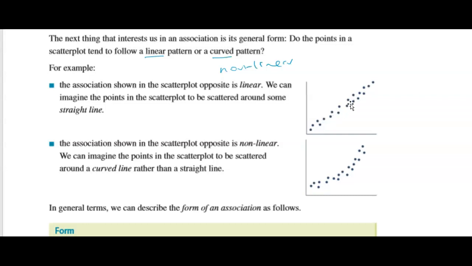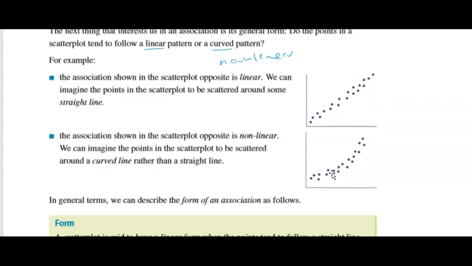It does form quite a straight line. And if you thought about walking along that, you could easily walk along it, or if you're driving your car, you could drive in a straight line. This second one, you're curving. If you're driving, you would need to move your steering wheel to go around the bend. So that means it's non-linear. So non-linear versus linear.